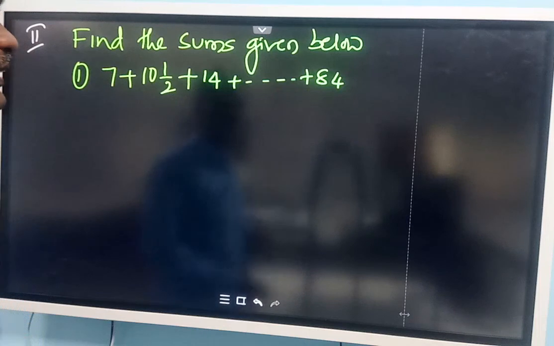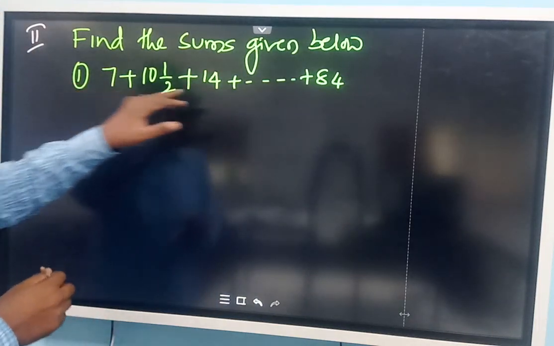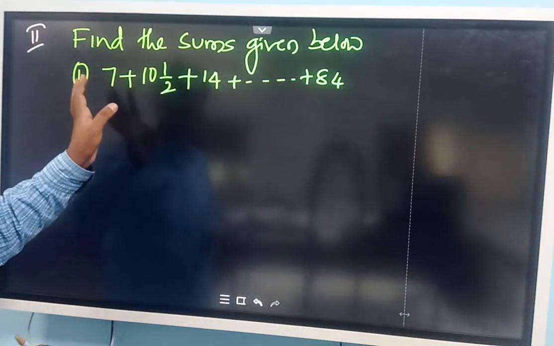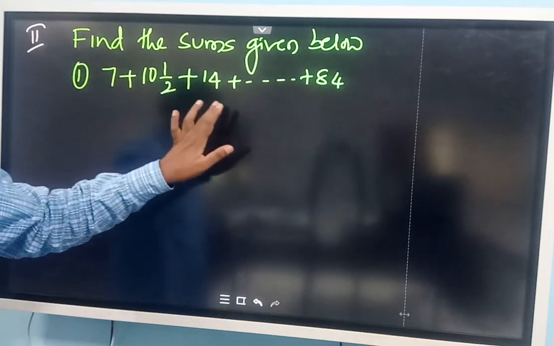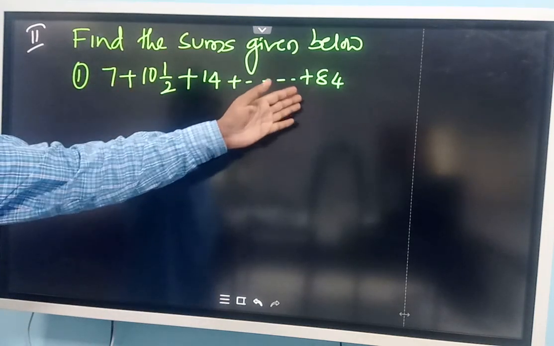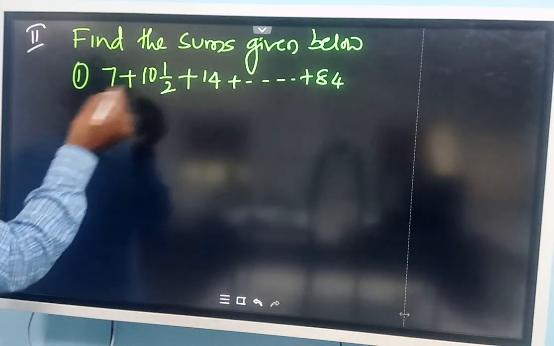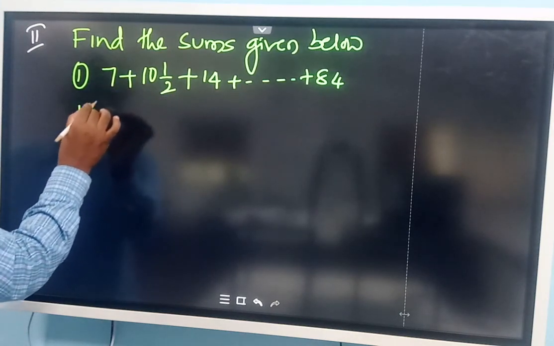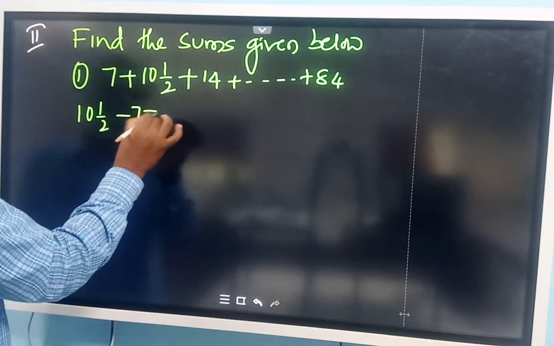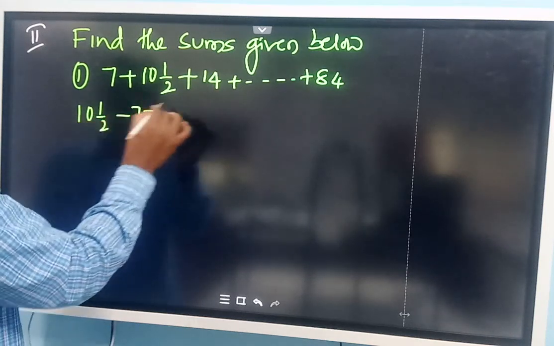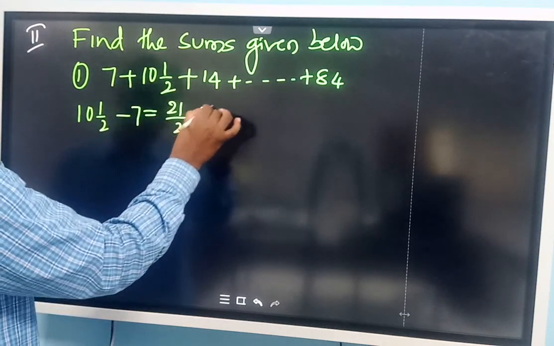Find out the sum of these terms here. It is in AP: 7, 10 and a half, 14. Let us check whether this is in AP or not. Now 10 and a half minus 7: it is 21 by 2 minus 7.